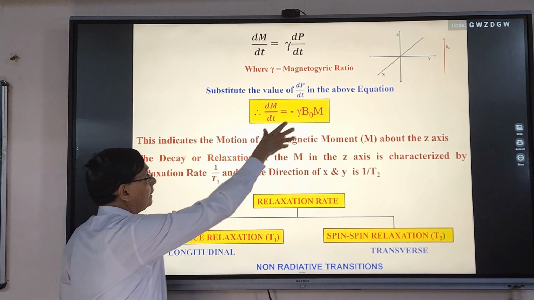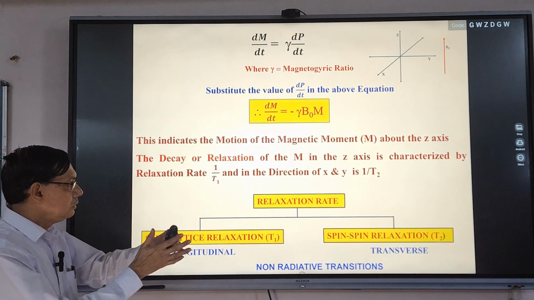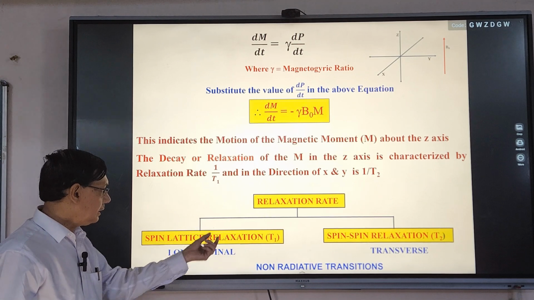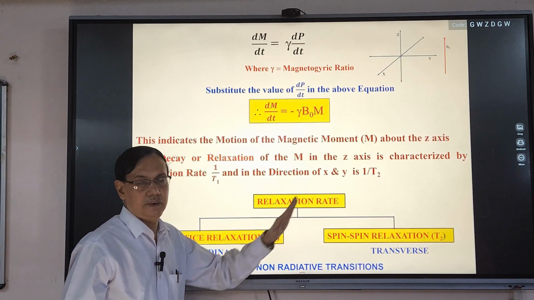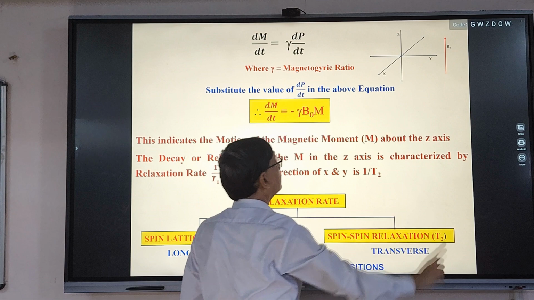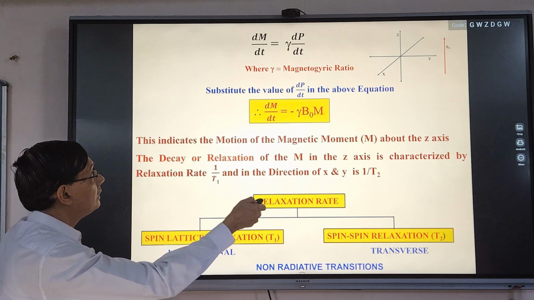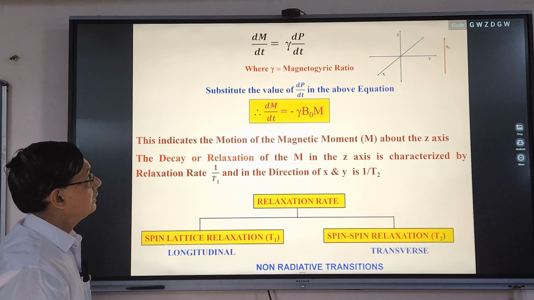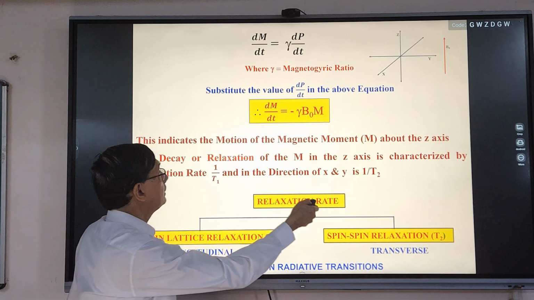So that means that part corresponds to two relaxation rates. One is spin lattice relaxation and second is spin relaxation. And if you see this diagram, you can understand that spin relaxation is in the transverse direction, x and y directions, and the spin lattice relaxation is longitudinal.